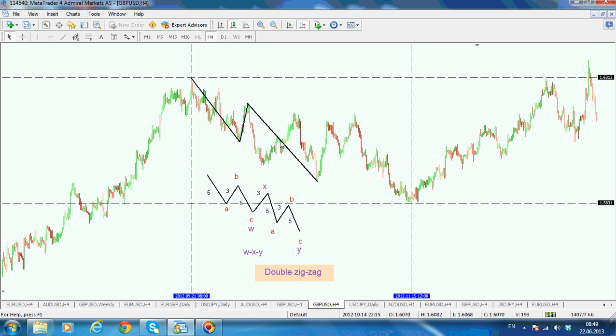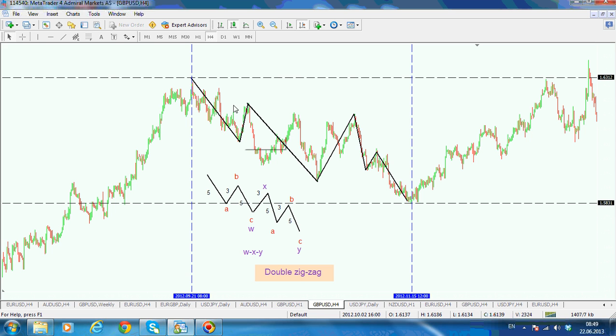Then a possible X wave. And then another A and B and C for the second zigzag.